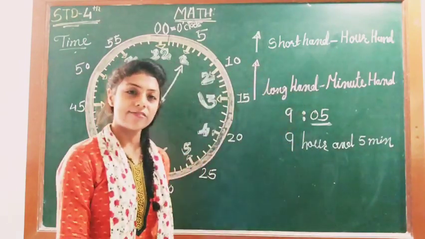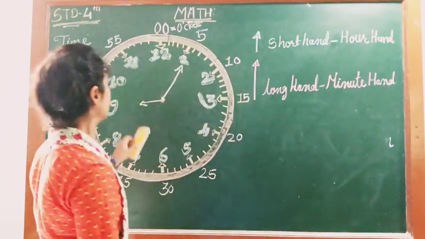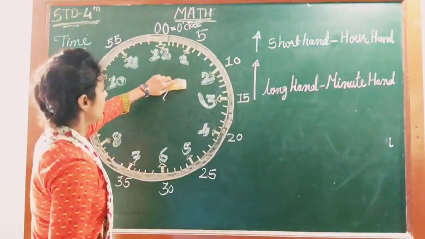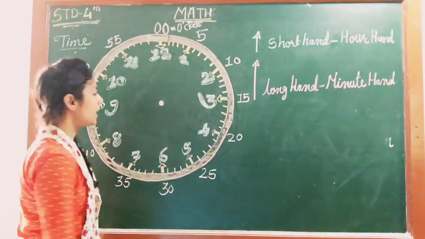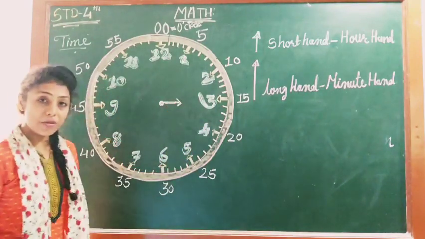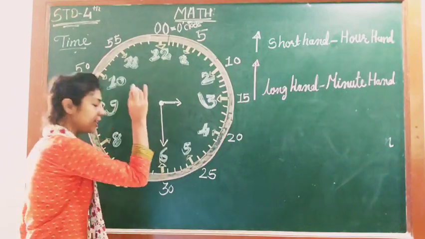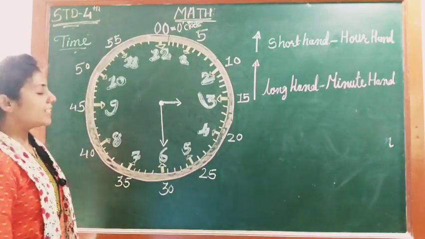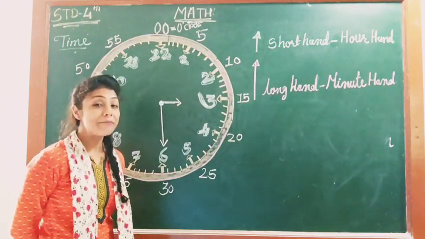Then again, let's change the hour hand. If our hour hand is towards the 3 and the minute hand is towards the 6, then how to read? Same thing, same steps.